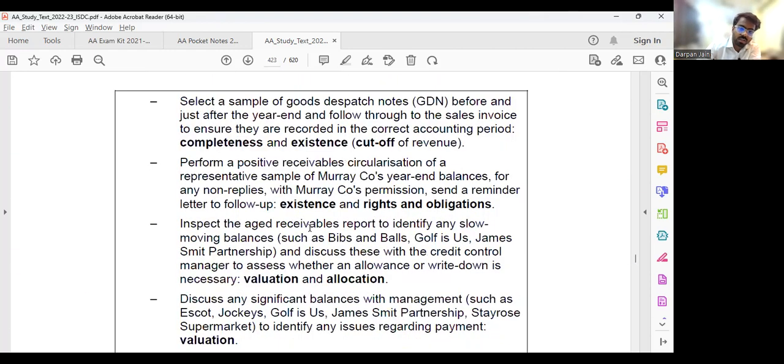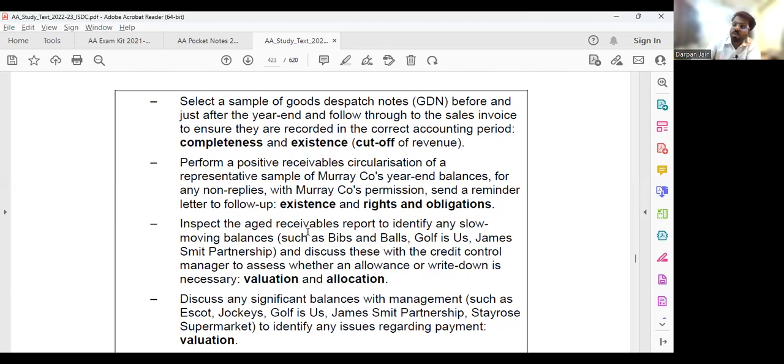Great. Next, select a sample of goods dispatch notes, GDNs, before and just after the year end, and follow through to the sales invoice to ensure they are recorded in the correct accounting period. You're taking the goods dispatch notes which have been dated on or before the year end.